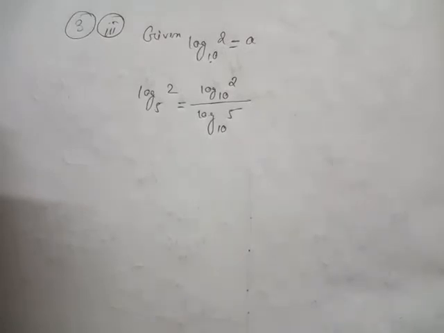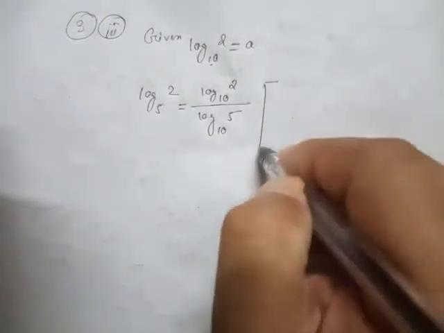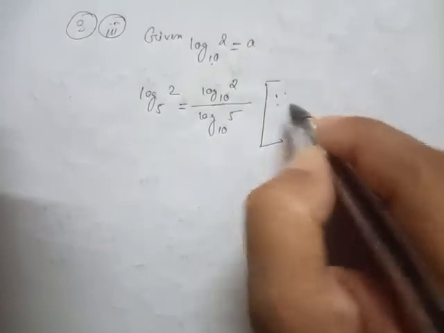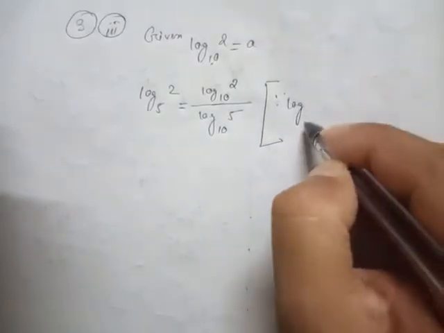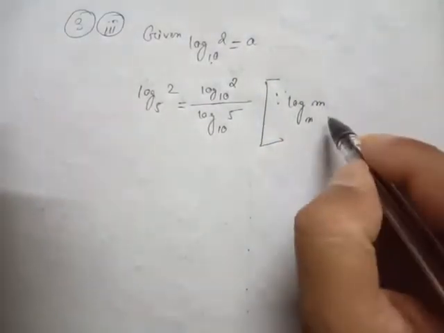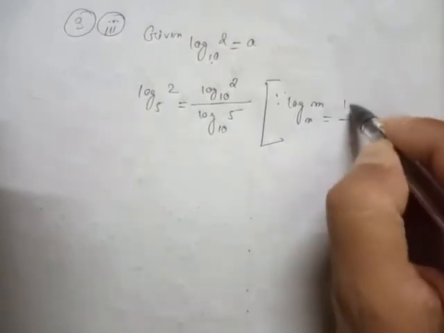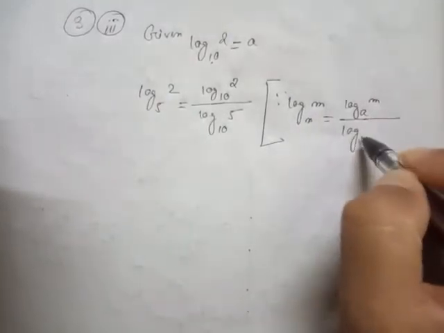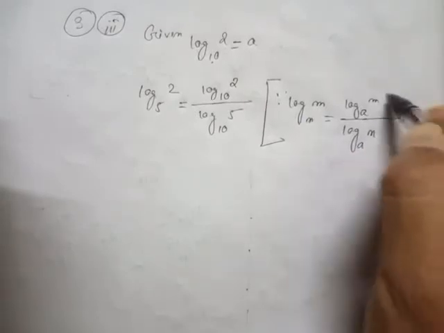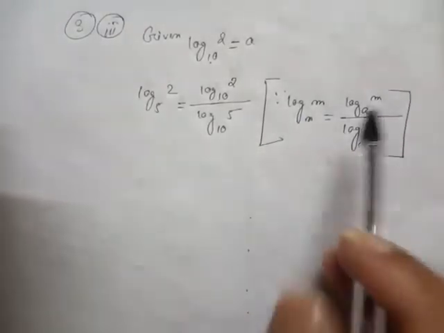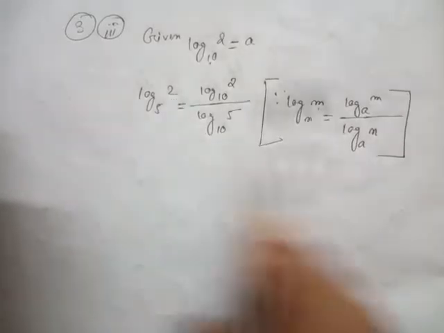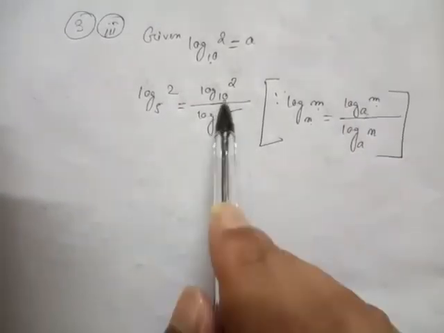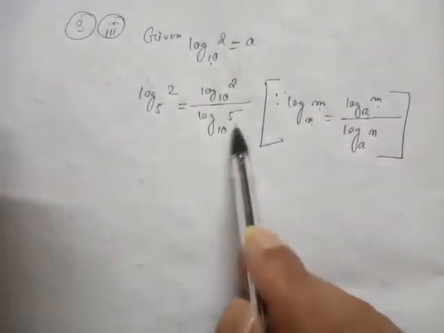This is the rule of logarithms. Now by using the formula, log base n of m equals log base a of m over log base a of n, I am using this formula here.